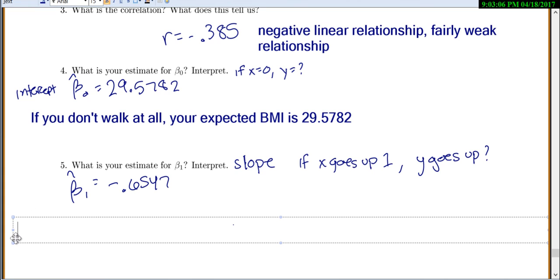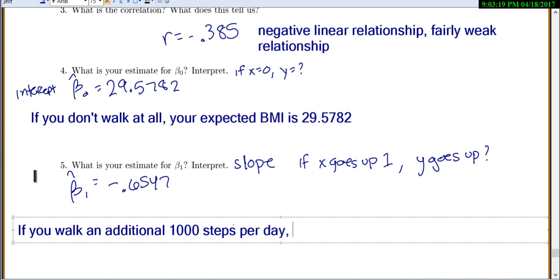And to interpret it, so if x goes up 1, now x is number of steps in the thousands. So if you walk an additional 1,000 steps per day, we expect your BMI to, let's see, this is a negative, so to go down by 0.6547.